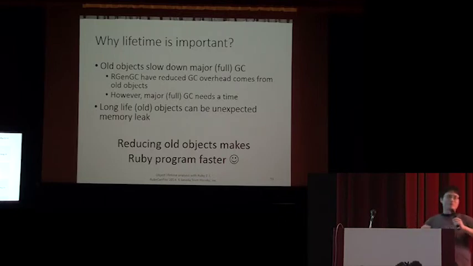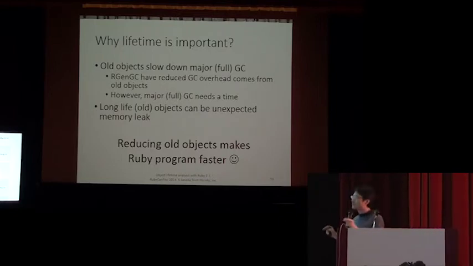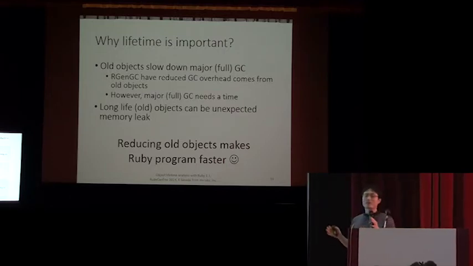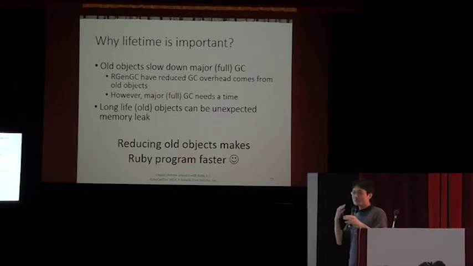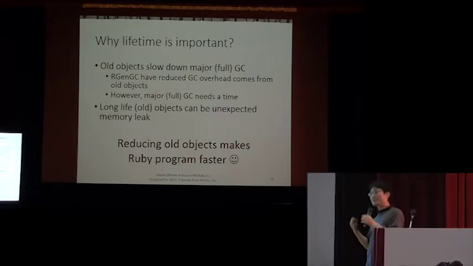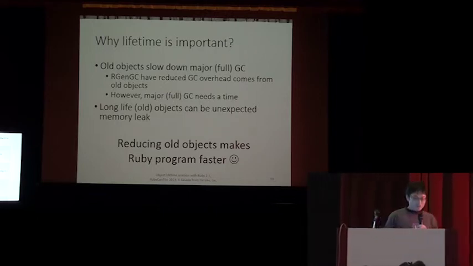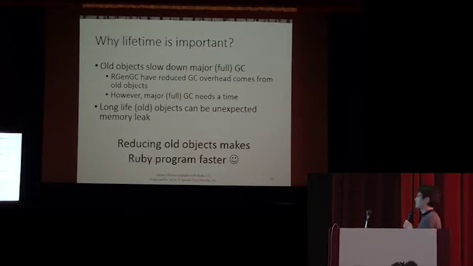For example, if you create a long string, for example a 1 megabyte or 100 megabyte string, and it remains unexpectedly, then it will be a memory leak. So reducing old objects makes Ruby programs faster.